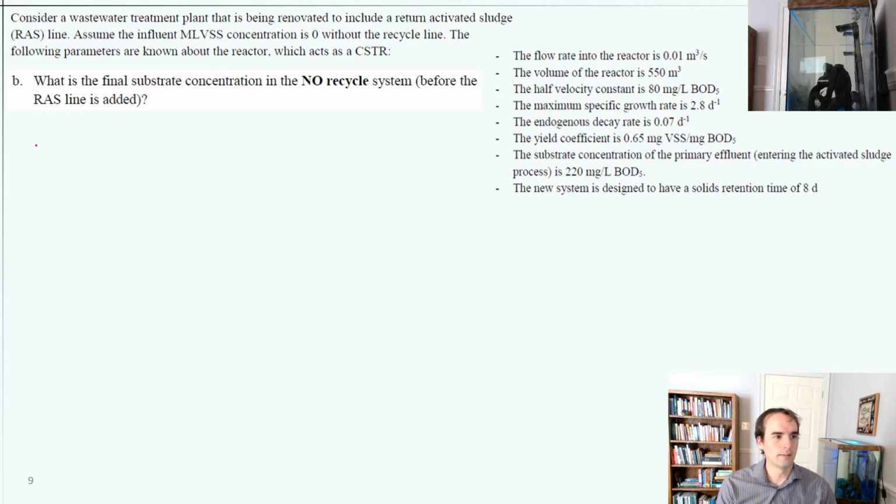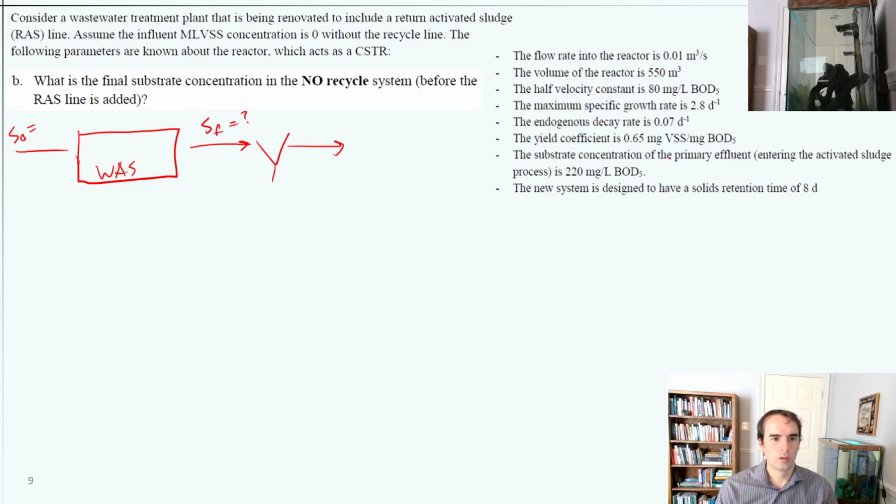So what we're looking at is we have our waste activated sludge, probably some clarifier, and what we're wanting to know is the final substrate concentration here. We know something about the initial concentration, that the concentration of the primary effluent is 220. And so that's what it's asking for, the final substrate.